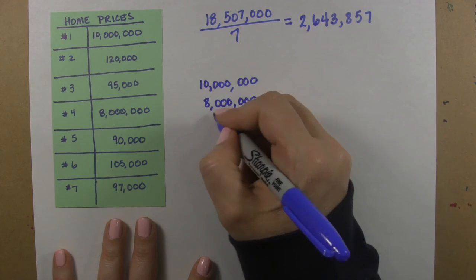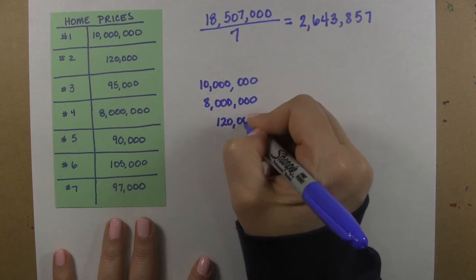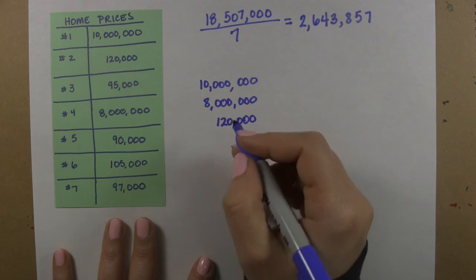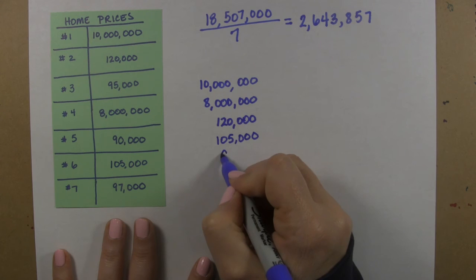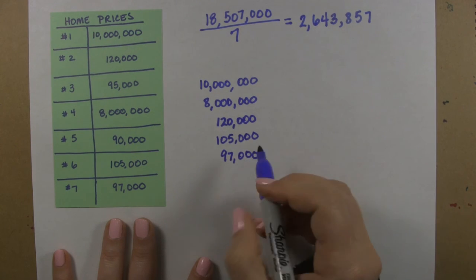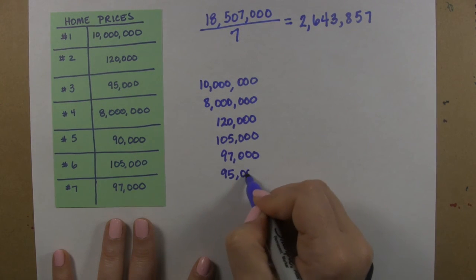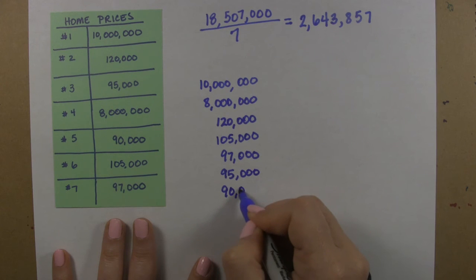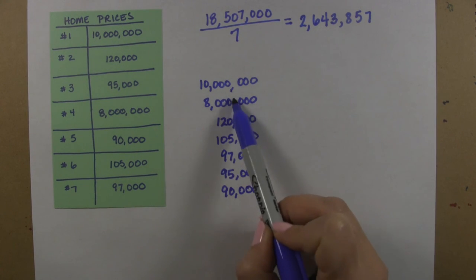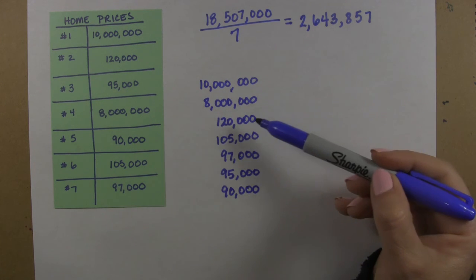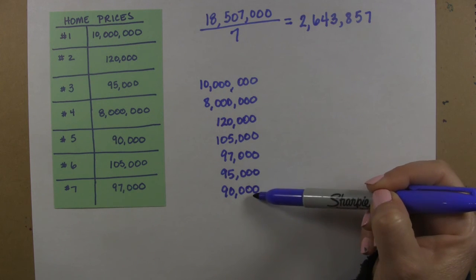And then your next one would be $120,000. Boy, that's a serious drop, huh? And then we'd have $105,000, $97,000, $95,000, and $90,000. So you can see that you have these 2 outliers, which are way different than these other housing prices.